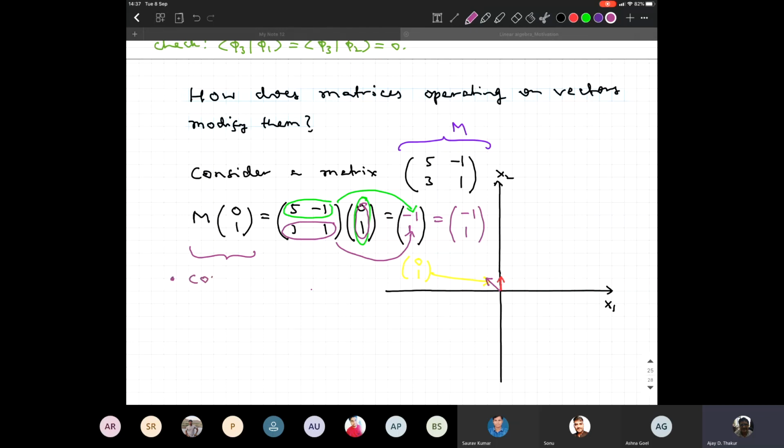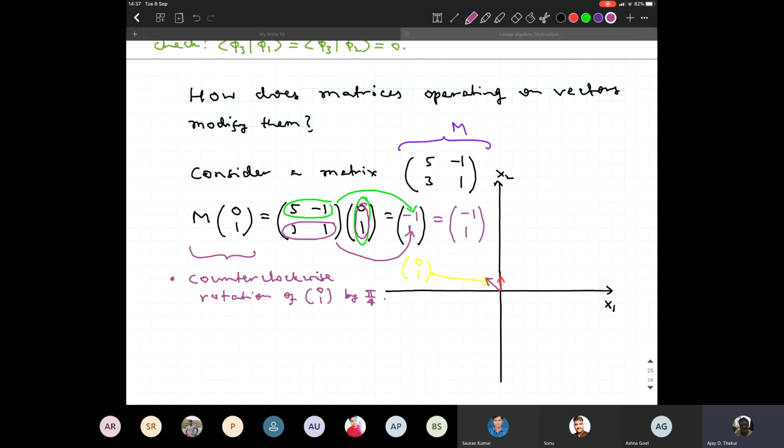One is the counterclockwise rotation of 0, 1 by pi by 4. That's one thing it does.